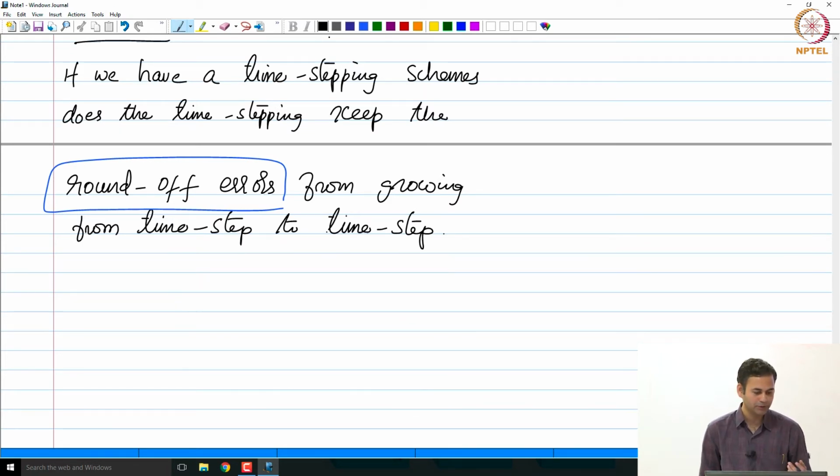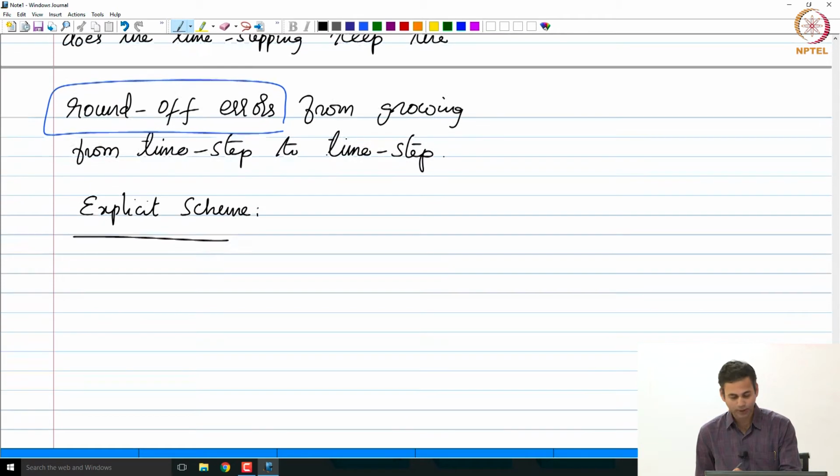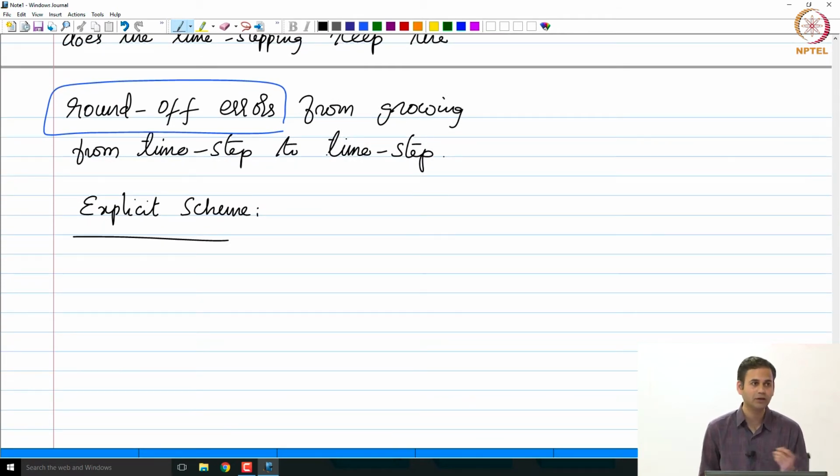For the purpose of the demonstration, I am going to use only the explicit scheme, and see if we can come up with a stability analysis for this particular scheme, and arrive at the condition that we have already realized in the previous lectures. So, let us look at the explicit scheme, and if you go back to your notes, see what would be the discretized equation for the explicit scheme for an unsteady diffusion equation.